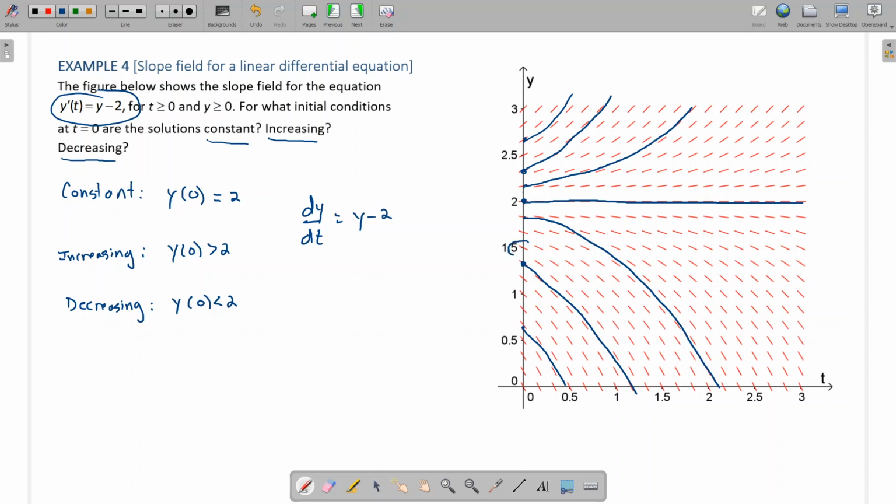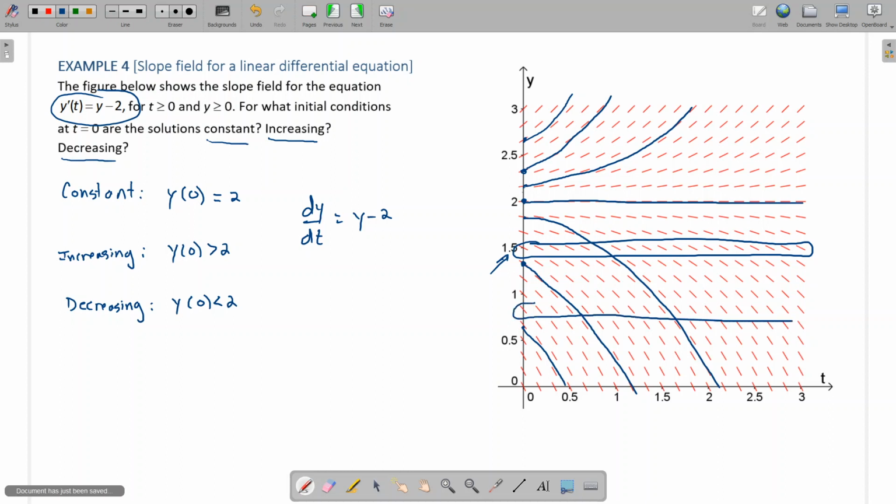As you go along the horizontal, along this row here, none of those slopes are different. You just pick the starting y value and then go all the way across. All those slopes are the same. On every single row, they are all the same.